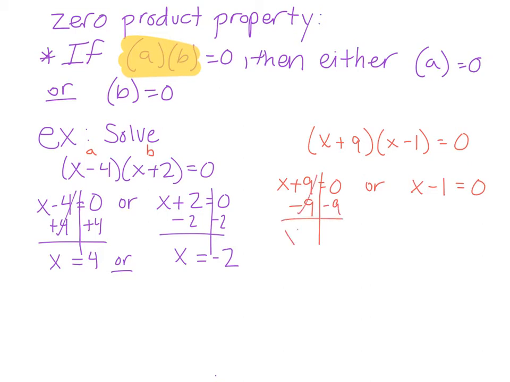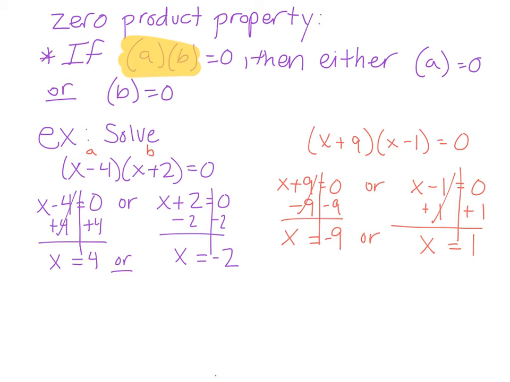So either x equals negative 9 or x equals 1. So that's the whole idea of solving. That's the zero product property, that if one of these two things equals 0, then the whole thing equals 0.